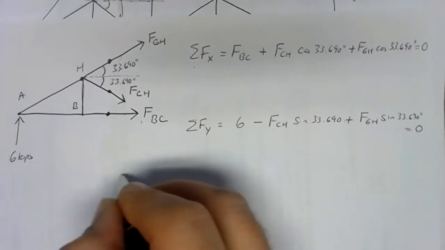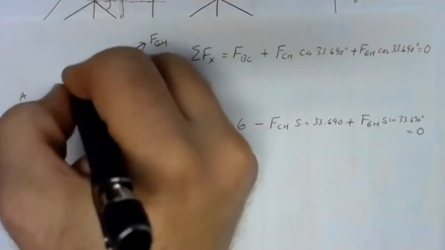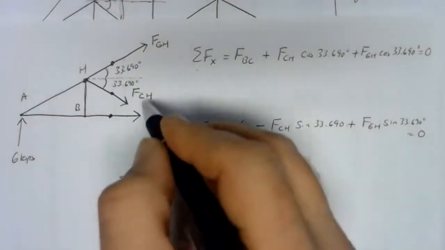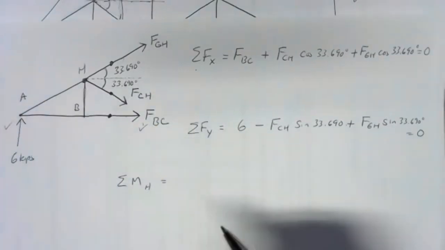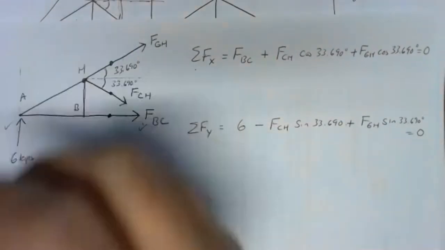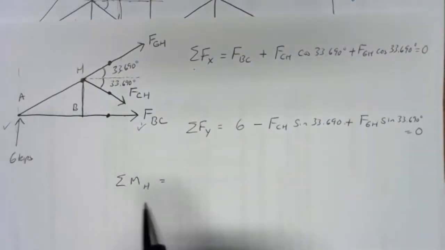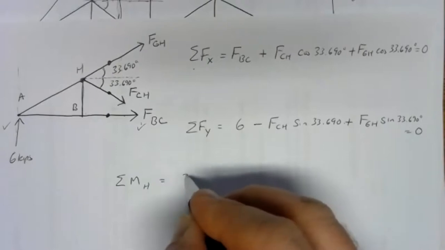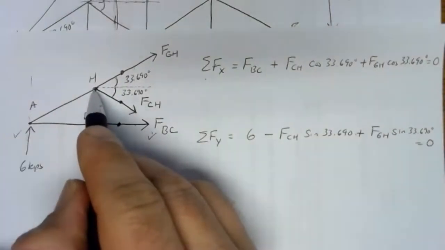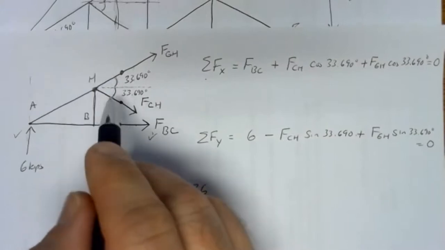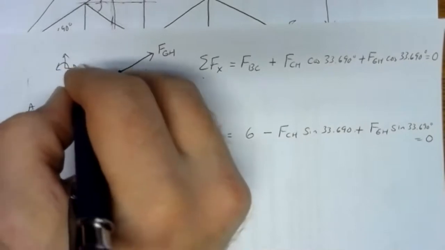So I'll take my moments about joint H. If I pick pivot point H, FBC will have a moment, and the 6 kips will have a moment. Well, that 6 kips line of action is 1 bay away, and each of our bays are 6 feet here. So we've got 6 times 6, 36 kip feet. Pinned at H, pushing up at G, that would be a clockwise rotation, and clockwise rotations are negative.